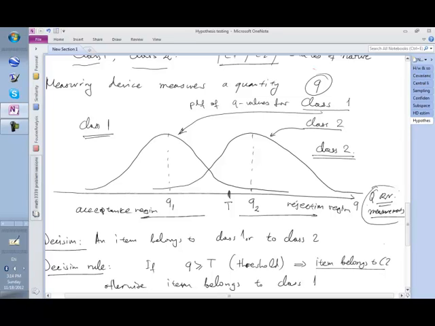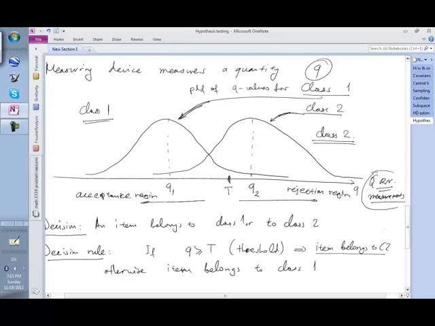Now, the PDF of the values of Q, if an item belongs to class 1, is the first curve that we mark here. And the curve of the PDF for the Q values, if the item belongs to class 2, is here.